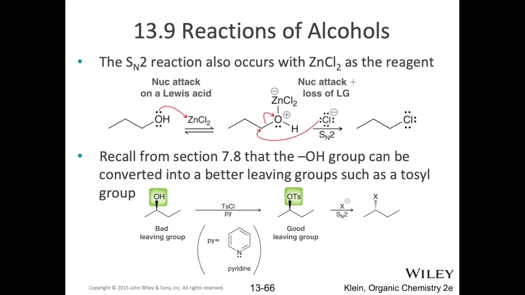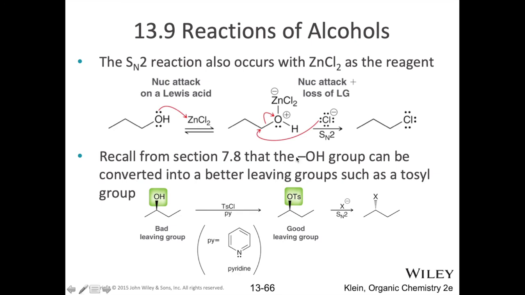Okay. Another thing that might help make your alcohol leave a little bit more easily in an SN2 mechanism is to use zinc chloride as your reagent if you're trying to swap out your alcohol group for a chlorine.